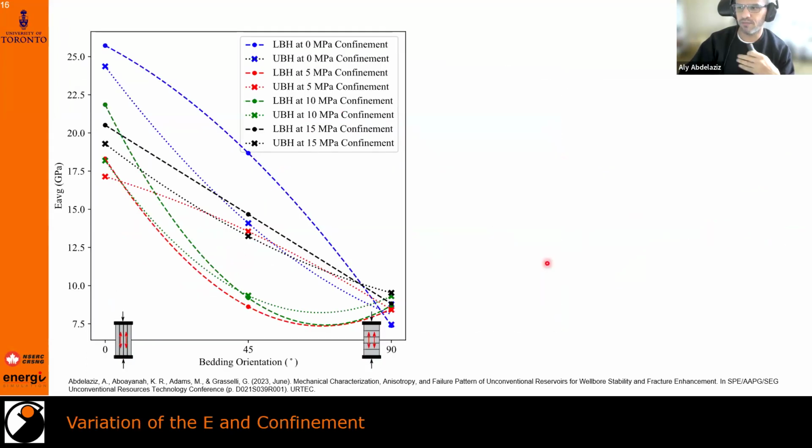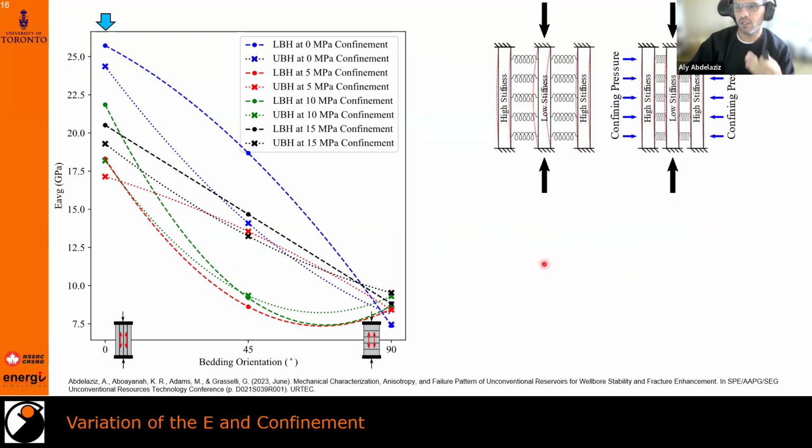So let's have a slightly better look at what's happening here. When we're testing parallel to bedding, let's assume that these are basically columns of different stiffnesses connected by springs. When you have no confinement, there's nothing that really holds them together.